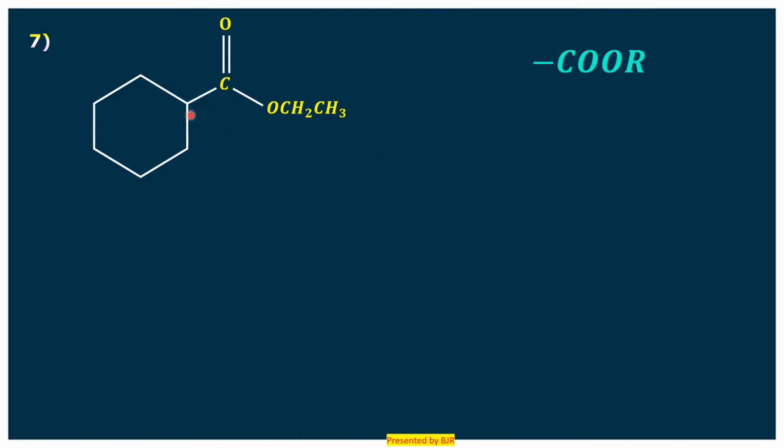So the side chain contains the functional group. Hence, it will be taken as the parent chain while naming the compound. Irrespective of the number of carbon atoms present in the ring, it should be treated as the substituent whenever the side chain contains a functional group. This is the functional group. So this ring should be treated as the substituent.